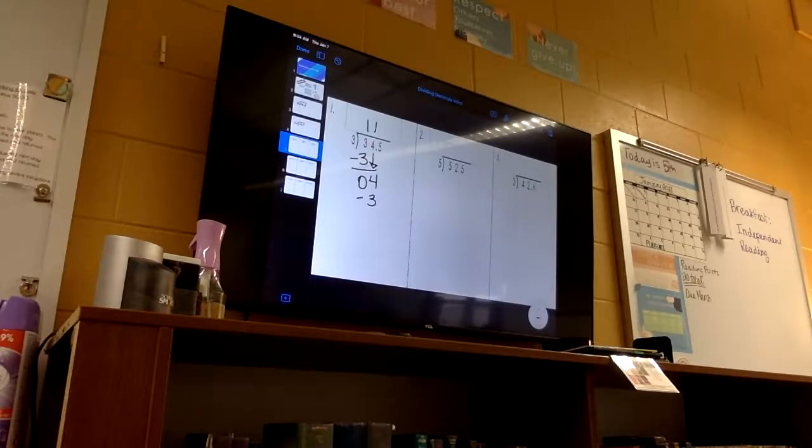Subtract 3, because 3 times 1 is 3. Now I get 1. Bring down my 5. Now I have 15. 15 divided by 3 is 5, and 15 minus 15 is 0. Now I have to deal with my decimal. I bring it up, or count how many decimal places I have under my house. I have 1, so I have to have 1 in my answer. So I get 11.5, or 11 1/2.